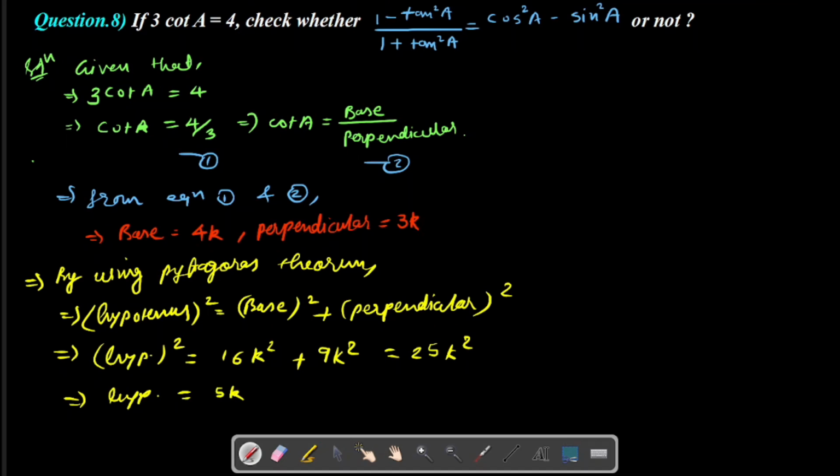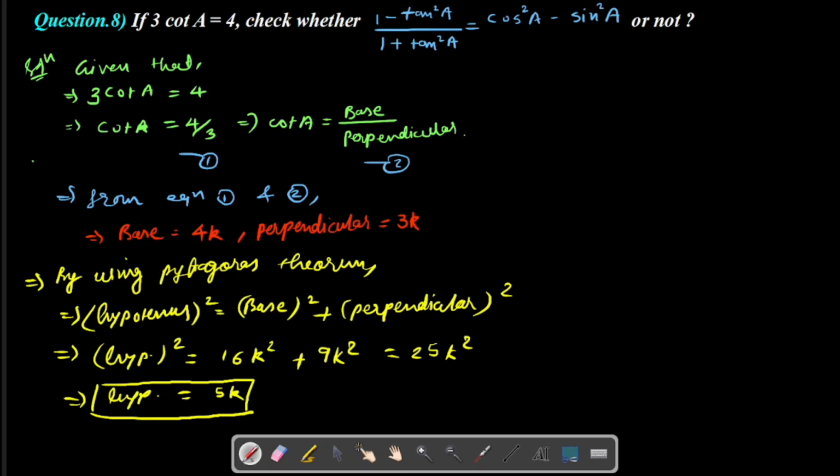Under root of 25 is 5 and under root of k square is k. So the hypotenuse is 5k.